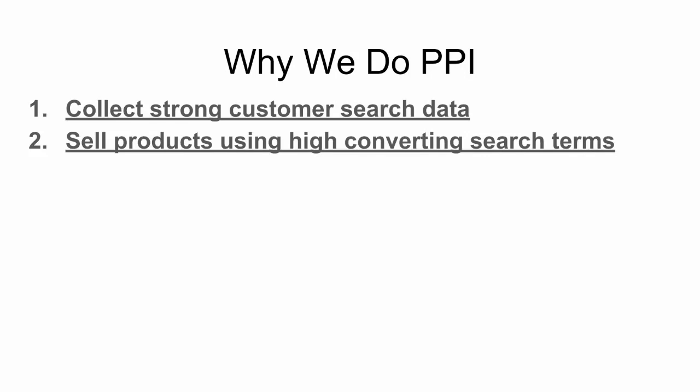But you are setting yourselves up for a tall climb if you're trying to do both these at the same exact time. So number 1, collect strong customer search data. Number 2, sell products using high converting search terms. And I'm going to walk you through these 2 low-hanging fruit ones and show you the difference.